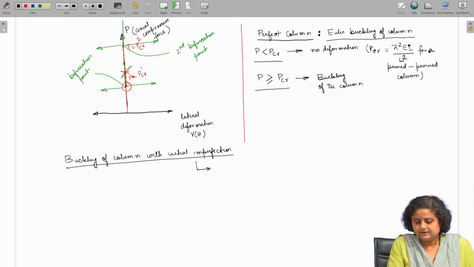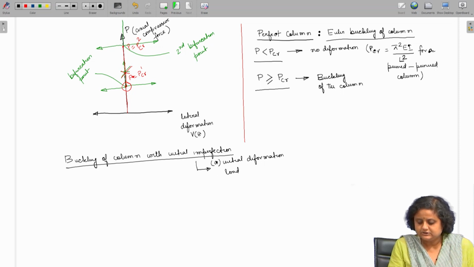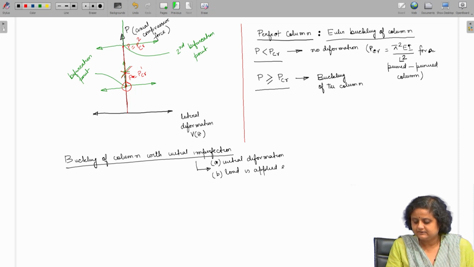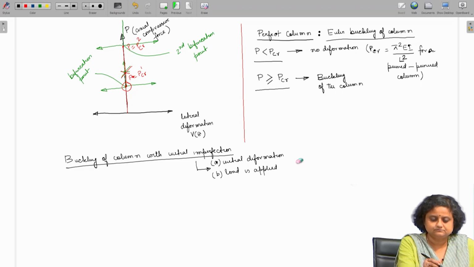This initial imperfection could be an initial deformation that exists. So, already the column is slightly deformed, and the load might be applied. So, A could be initial imperfection, B could be that the load is applied eccentrically, or the load is applied with an eccentricity, or eccentric load, that is all you can say.